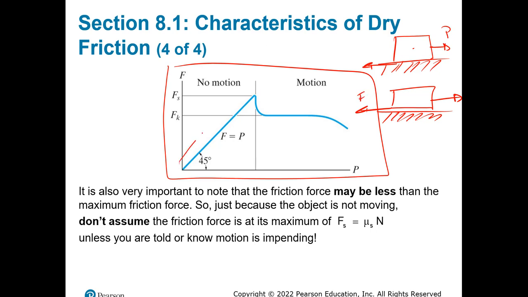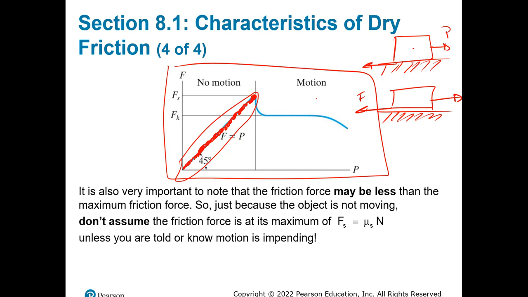As you look at this, which is the part that we're studying, at the beginning, when P is 0, as you start moving, your frictional force will try to fight against P, until it reaches its maximum. Up to this point, you have no motion. Right after that, then you have motion.